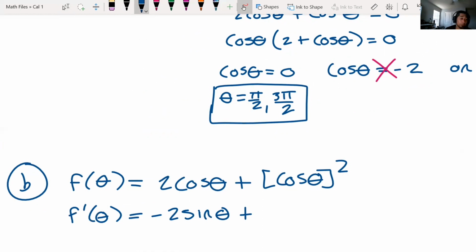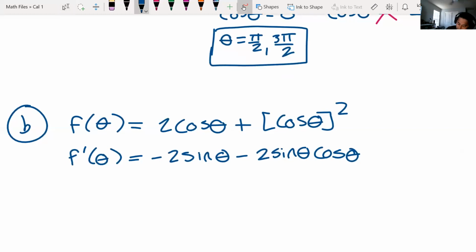What is the chain rule derivative for cosine squared? -2 sine theta cosine theta. Good. -2 sine theta cosine theta, or cosine theta sine theta, whichever you want. Okay, perfect.